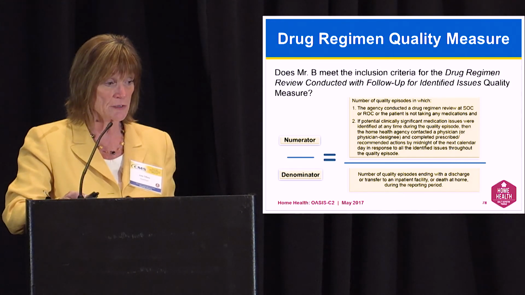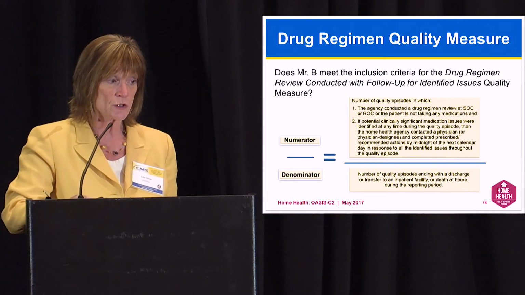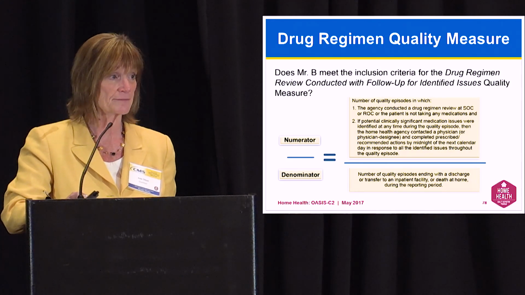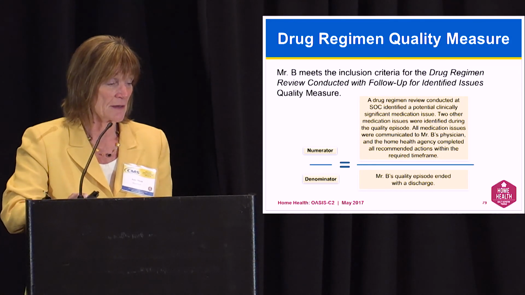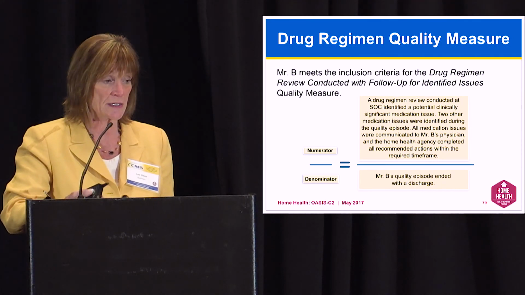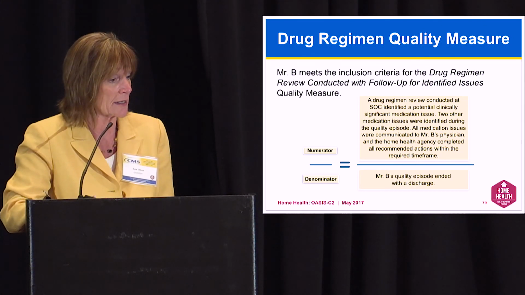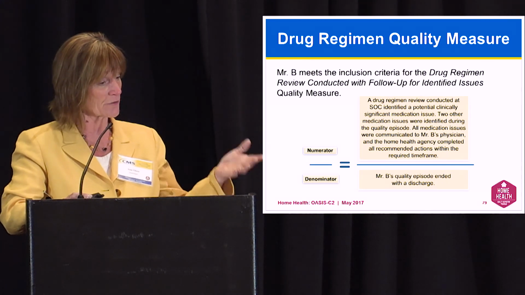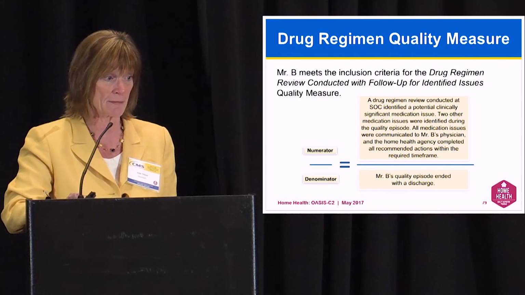That is the numerator, divided by the number of quality episodes ending with a discharge or transfer. Do we feel that Mr. B met that inclusion criteria? Yes, he did. So again, it was conducted, we did identify a significant issue, it was acted upon, and he did have a quality episode that ended. It was a start of care and ended with a discharge, so that would be included in the drug regimen quality measure.